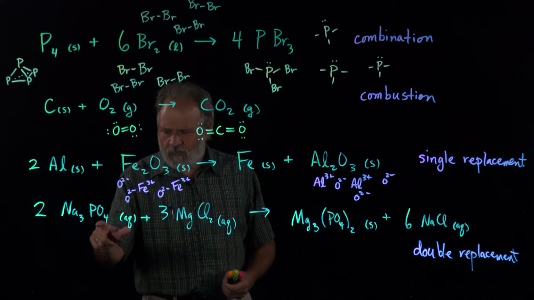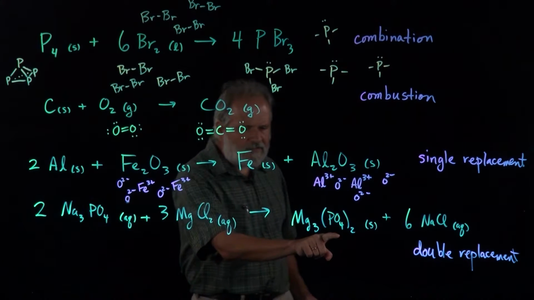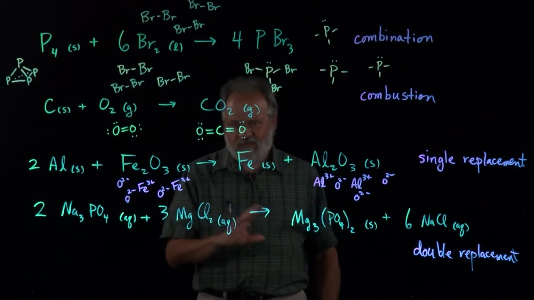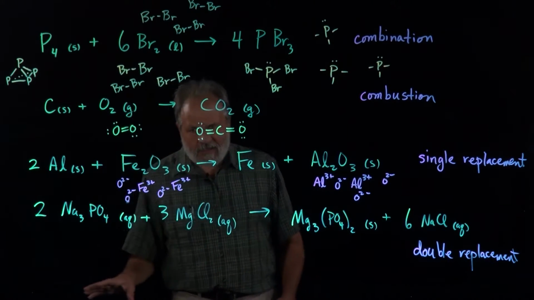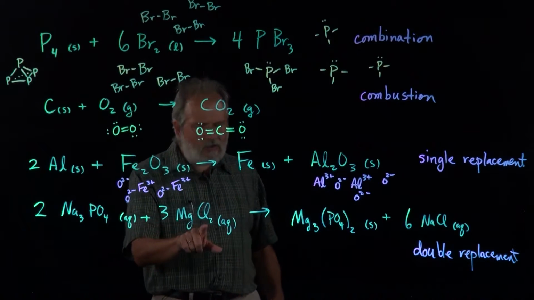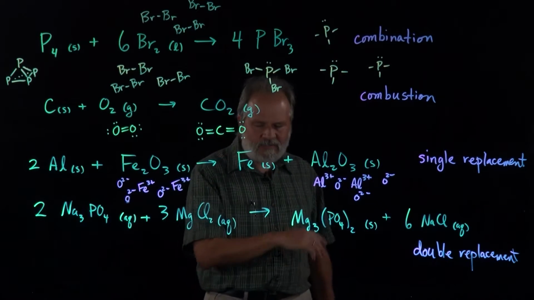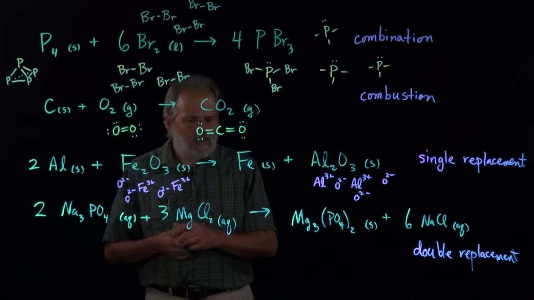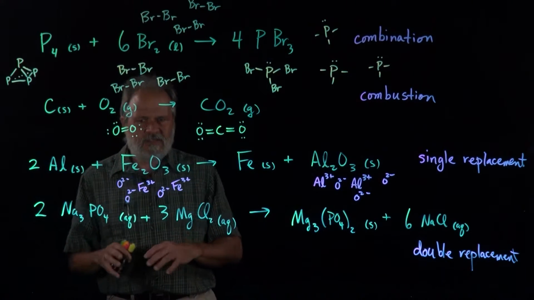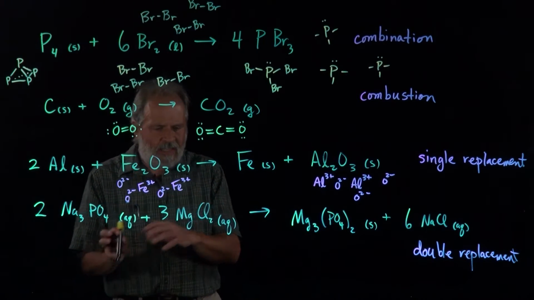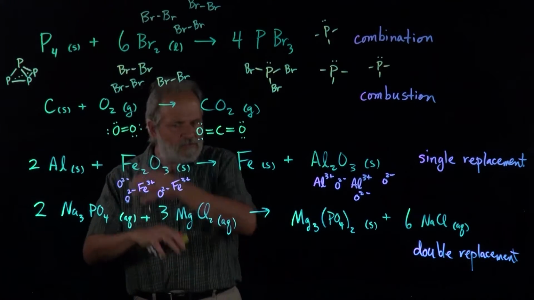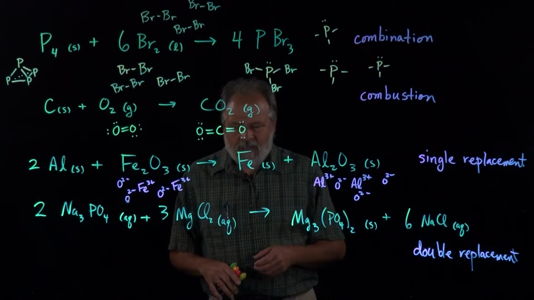So for example, if we see phosphate here, it's phosphate here. It didn't change to phosphide or anything else. And then chloride stays as chloride, sodium stays as sodium, and magnesium stays as magnesium cation. So all that happens is we have some dissolved ions and some other dissolved ions. We mix them together and they're all dissolved in water.